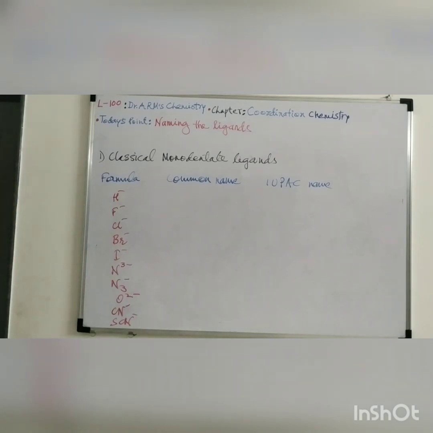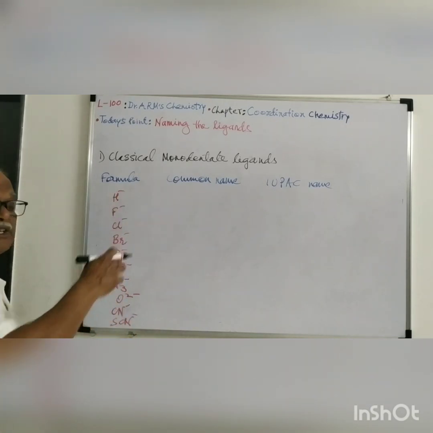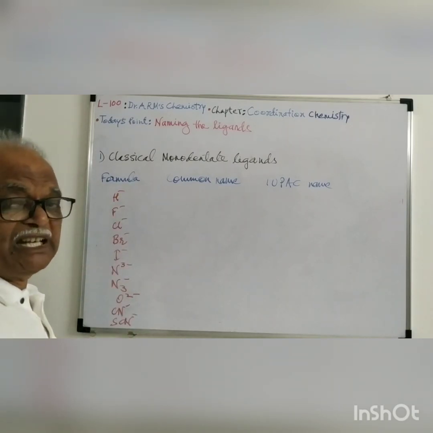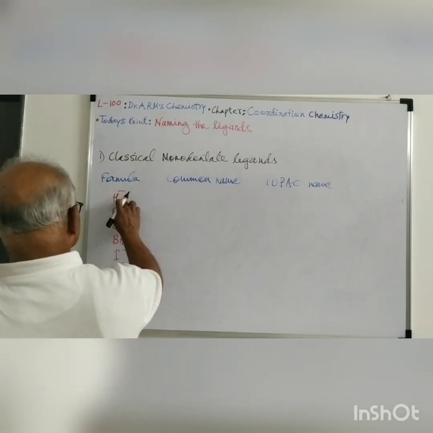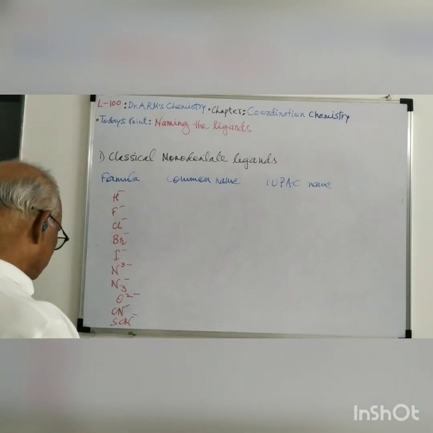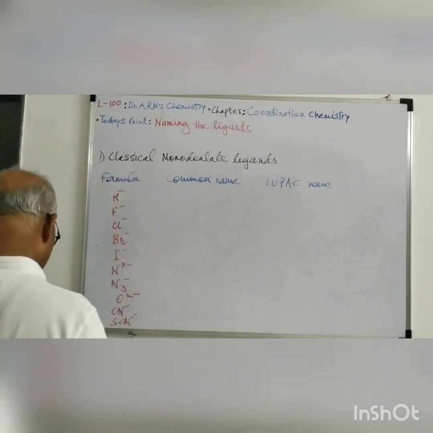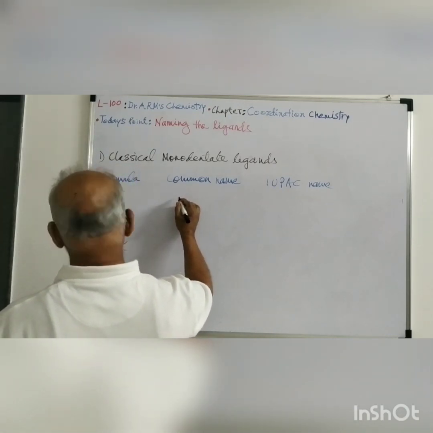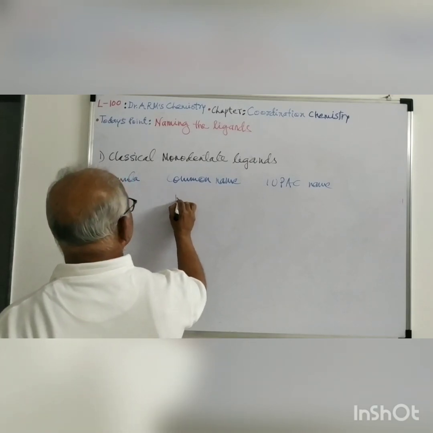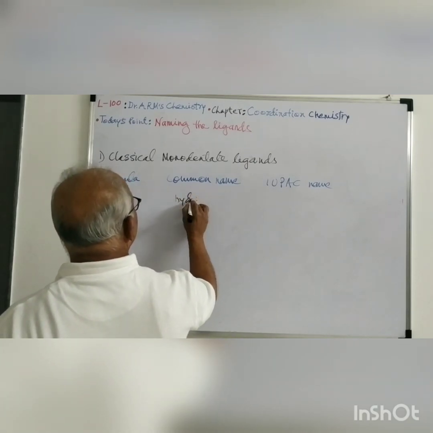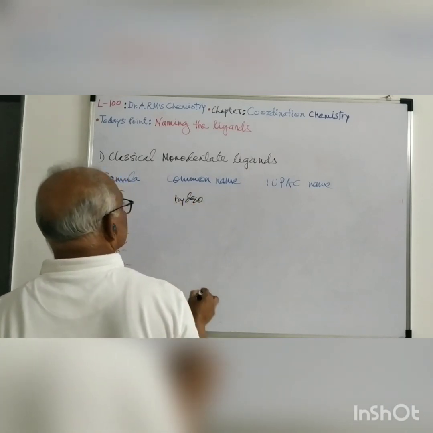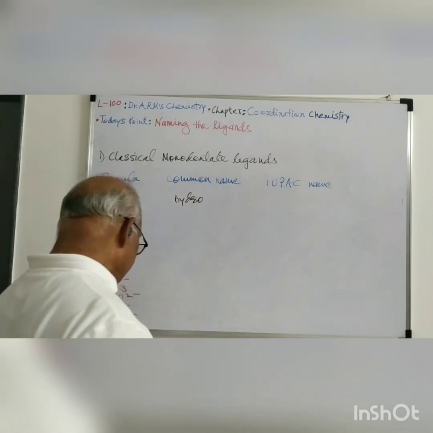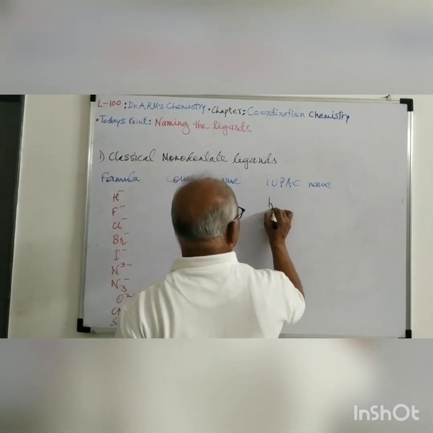When we are considering these ligands as anions, we normally use names such as hydrides, or they are called hydro. The IUPAC name of this species is hydrido.